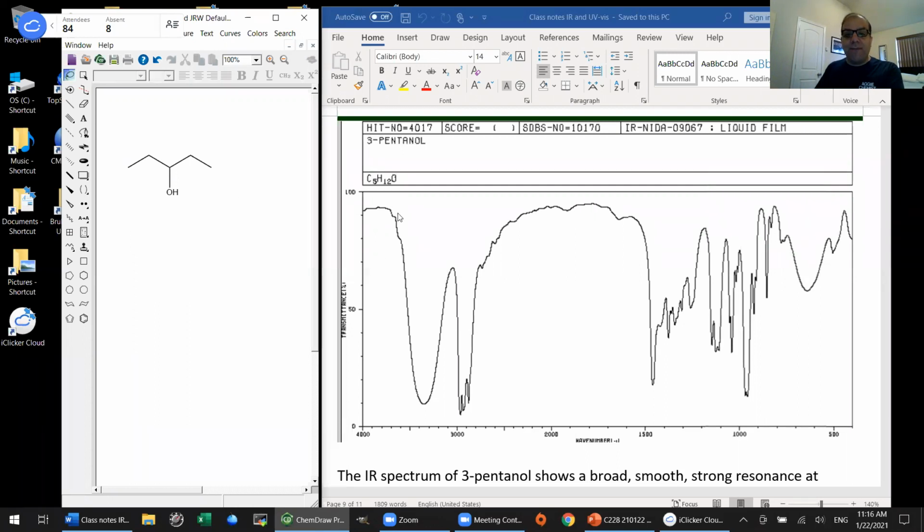And so the only time you won't see that type of broad, pretty peak in an IR spectrum of an alcohol is if there's no hydrogen bonding, or in other words, if you've got a really, really, really huge alcohol, 15, 20, 30 carbons, then it might not look like that. And if you want to know what that might look like, again, best thing you can do is try to find a spectrum of an alcohol like that. Look up pentadecanol, or forget what the 20-carbon compound is called. Icosanol or something like that, maybe.